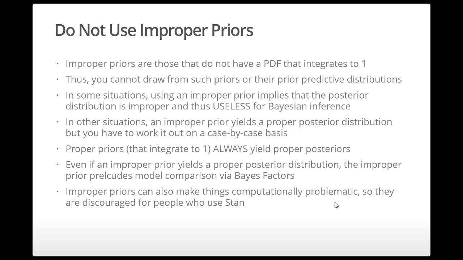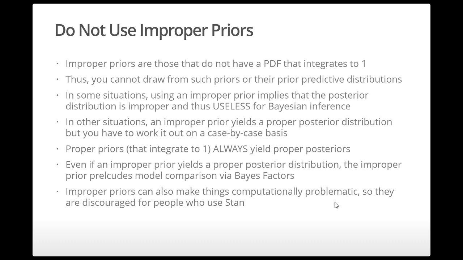And so you can't draw realizations from these priors. You can't use them to kick off a prior predictive distribution. In some cases, not all, it implies the posterior distribution is going to be improper, in which case it's useless for Bayesian inference.